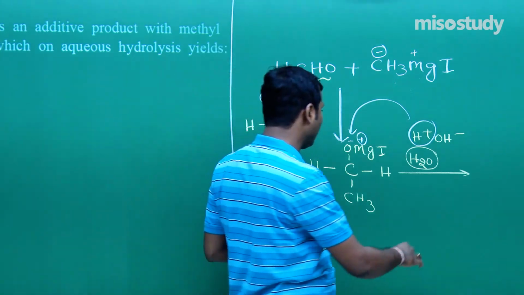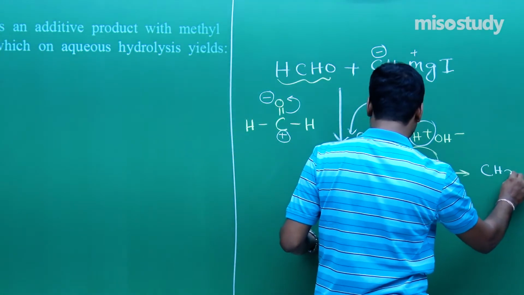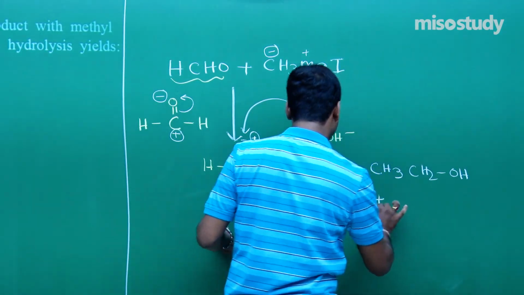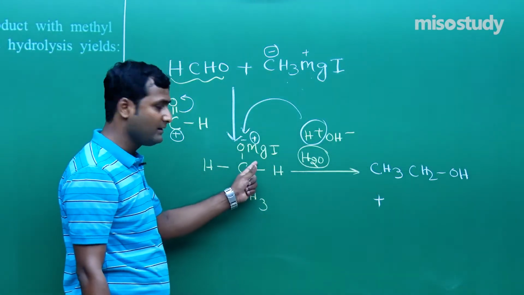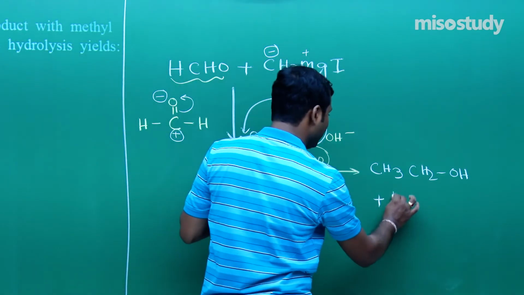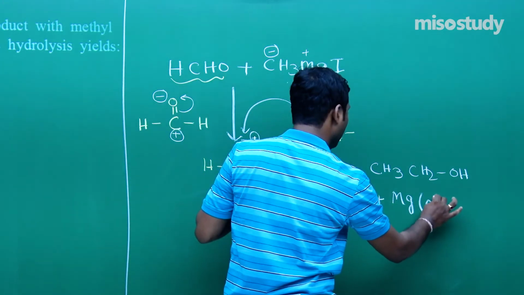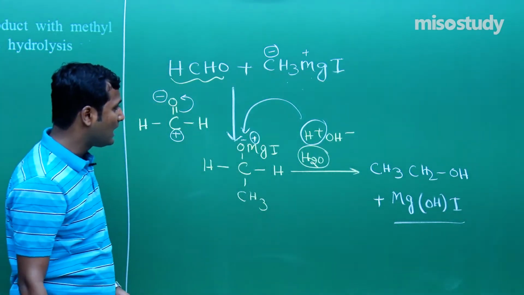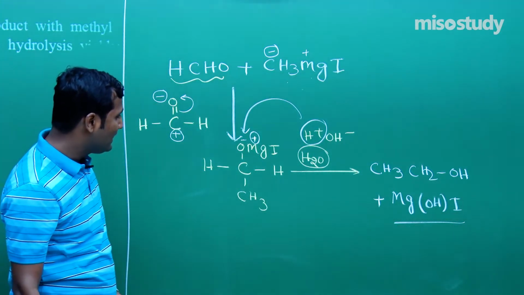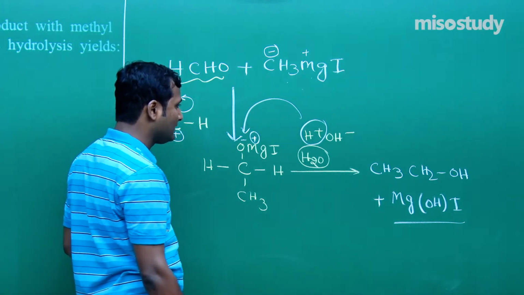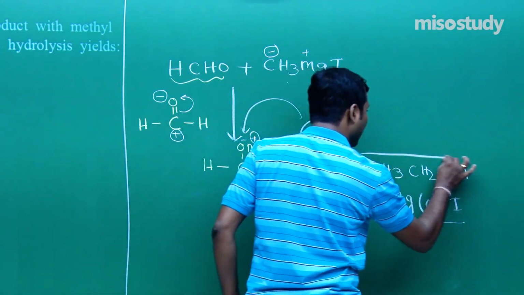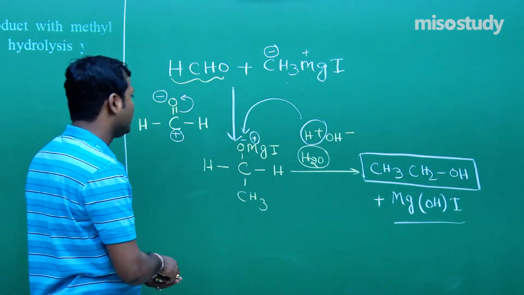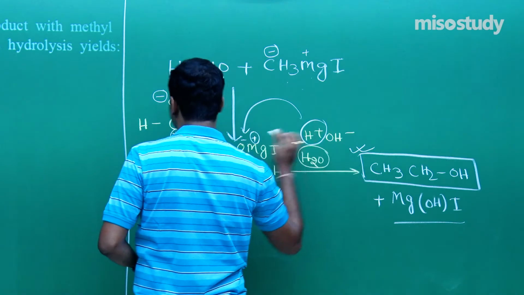So the product here is CH3CH2OH, and the byproduct is Mg(OH)I. So we say the product in this case is ethyl alcohol. Clear?